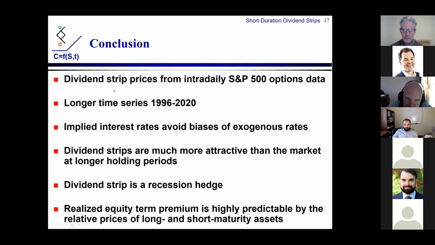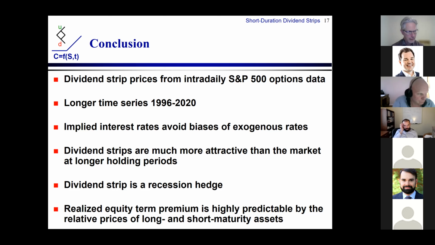Dividend strip prices are estimated from intradaily S&P 500 options data, as in BBK. We're using a longer time series, expanding that from 96 to 2020, so adding some 11, 12 years of data. And that allows us to work out dividend strip returns.